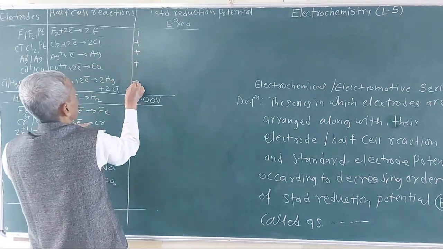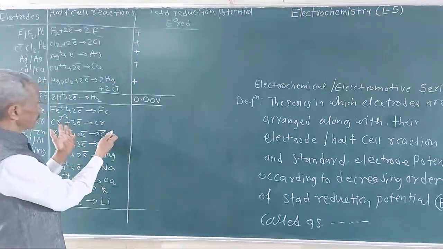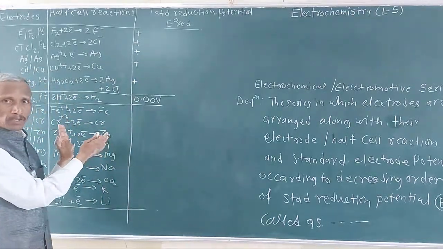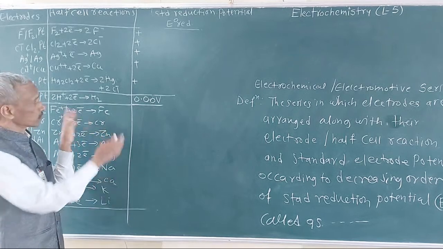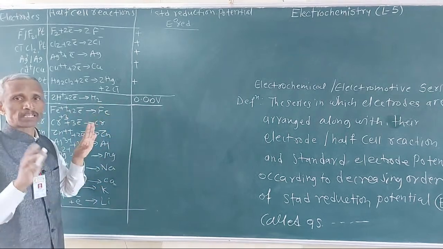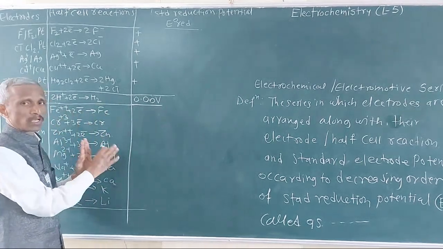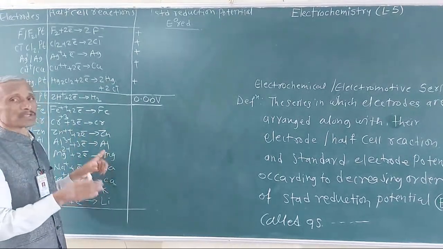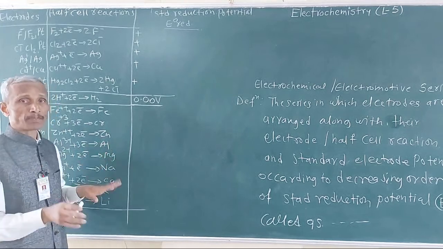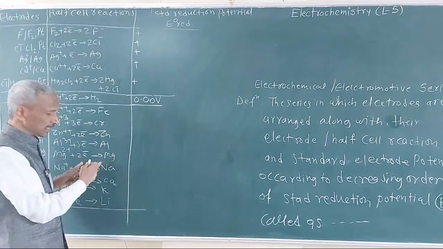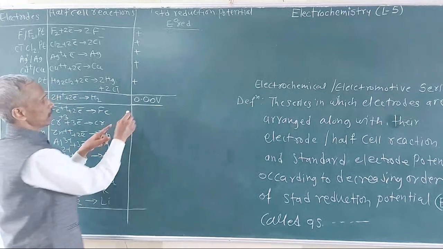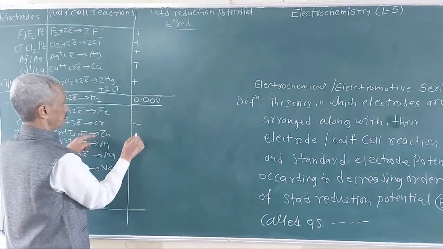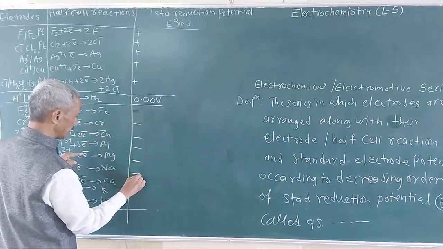Whereas if these electrodes are joined with the hydrogen electrode, it is found that they have no tendency to undergo reduction but prefer oxidation. Therefore, for the reduction reaction, they have been given a negative value.